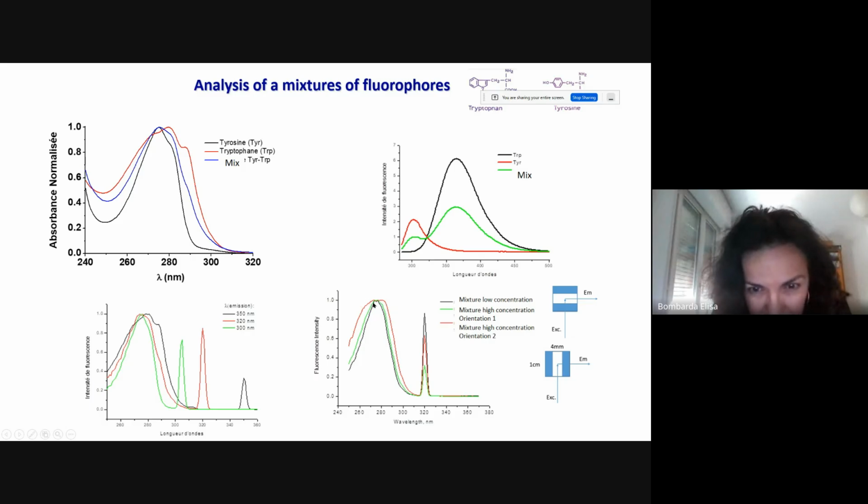In principle this is deformed, because the signal is disturbed by the inner filter effect. So that is just to show it.